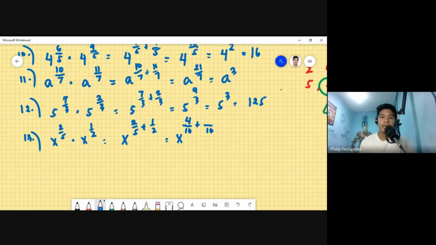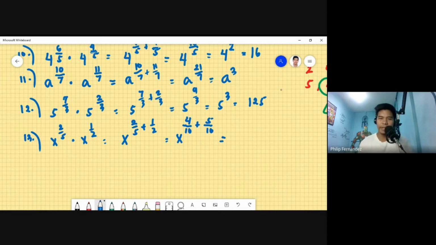Nakuha doon? I-divide nyo sa original denominator tapos i-multiply sa original numerator. Again, 10 divided by 5 is 2 times 2 is 4. So yun yung ilalagay nyo dito sa bagong fraction. Tapos yung 1/2 naman, 10 divided by 2 is 5 times 1 is 5.